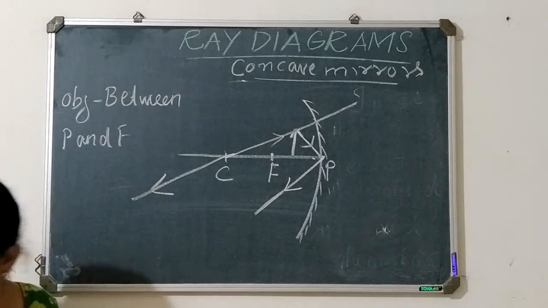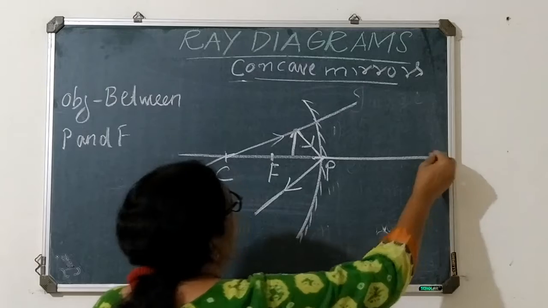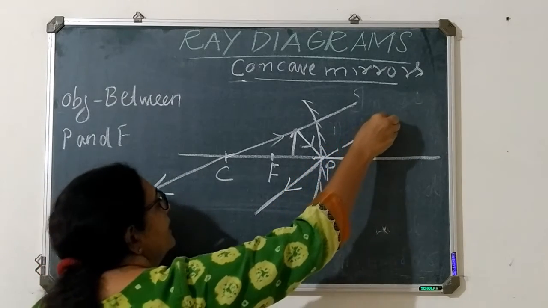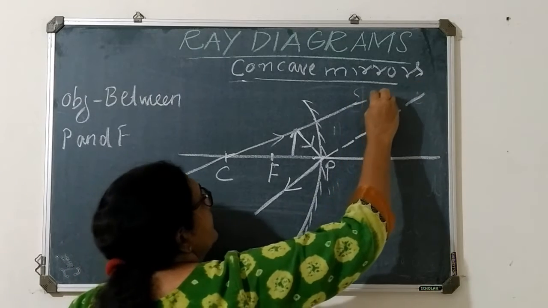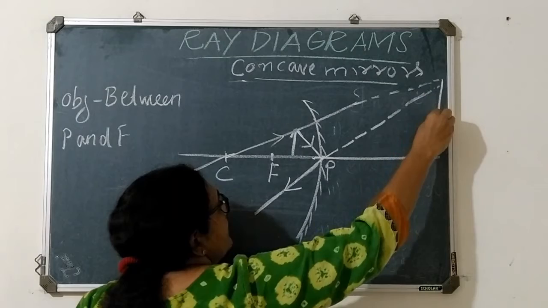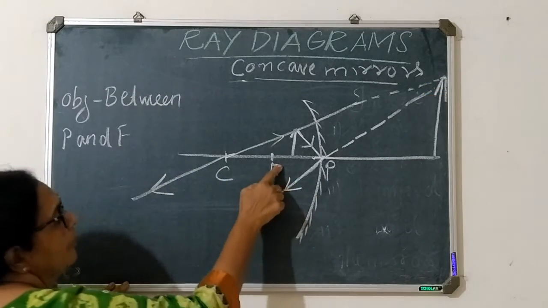So now let us extend the principal axis, and if you extend these rays behind, this one ray and this another ray, somewhere here the rays will meet and you will get an erect image of the object.